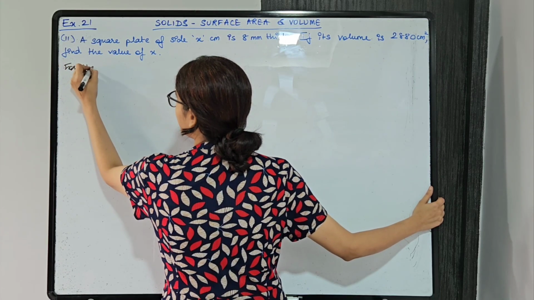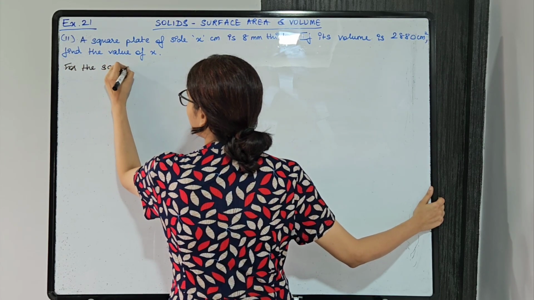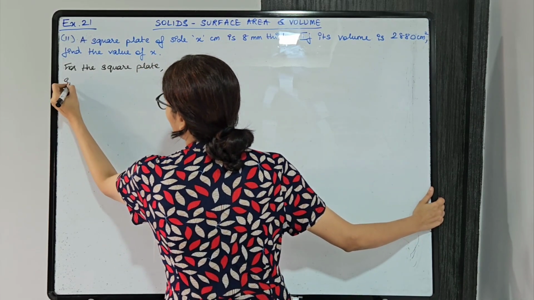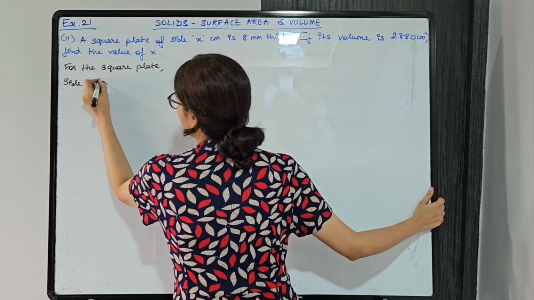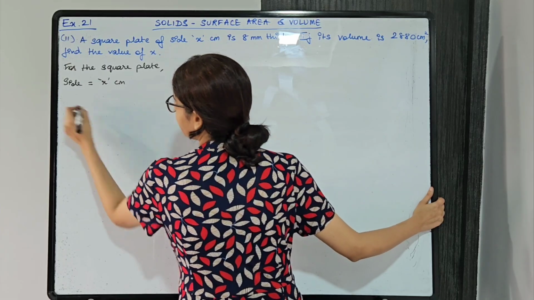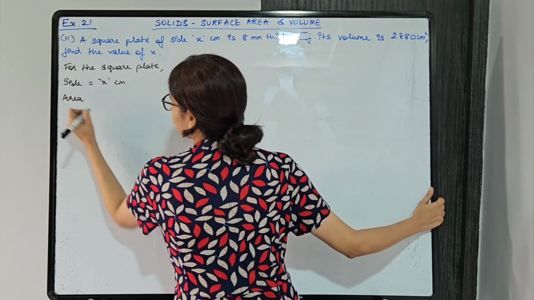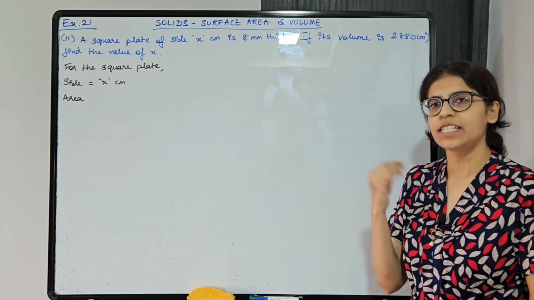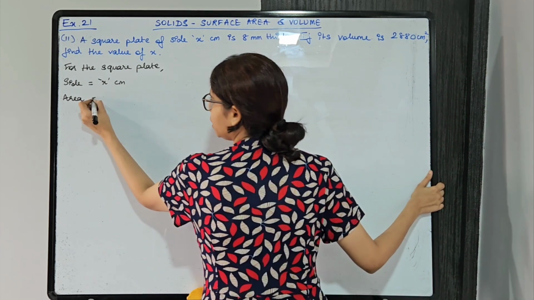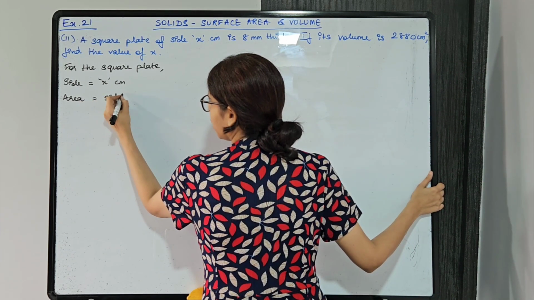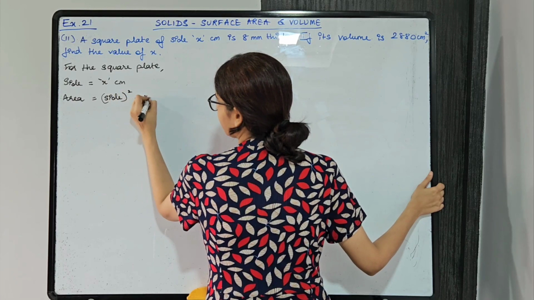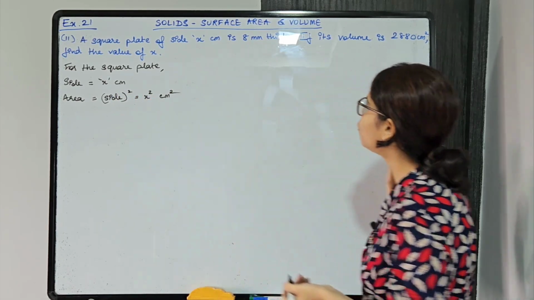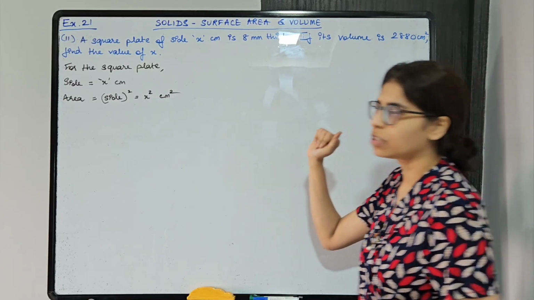There is a square plate, so for the square plate we are given the side is x centimeter, so एरिया क्या होगा? Area of the square is nothing but side square, so it will be x square, right? And volume is also given, thickness is also given to us.